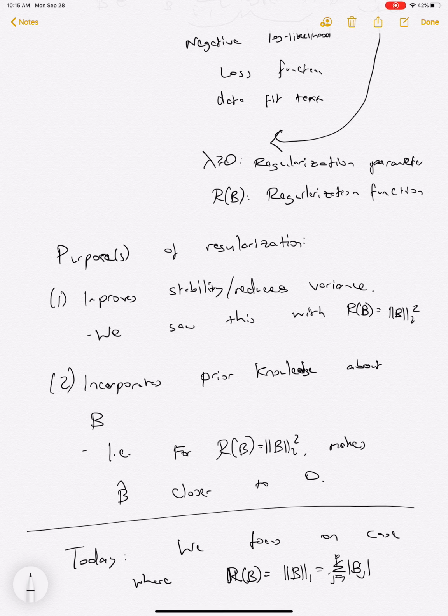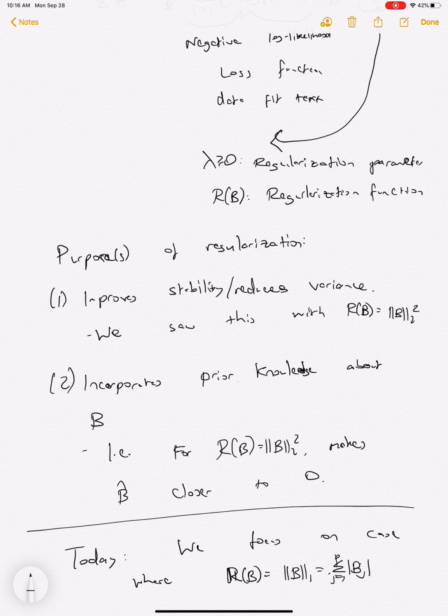The other key point, which is also very related, is that the regularization function biases your parameter in a particular way, so it incorporates some form of prior knowledge. What we saw for the squared L2 penalty is that if you know your B has an L2 norm that is not too big, or is close to 0, then this regularization works well.